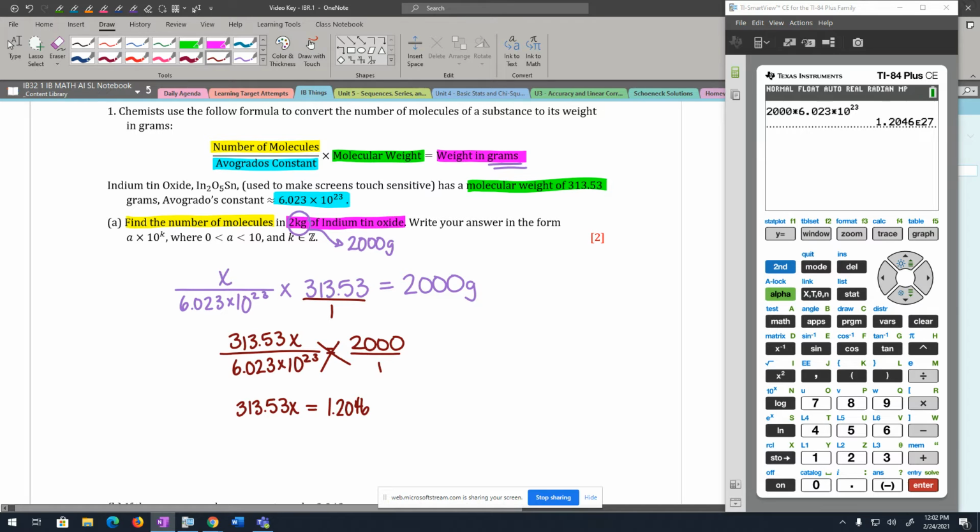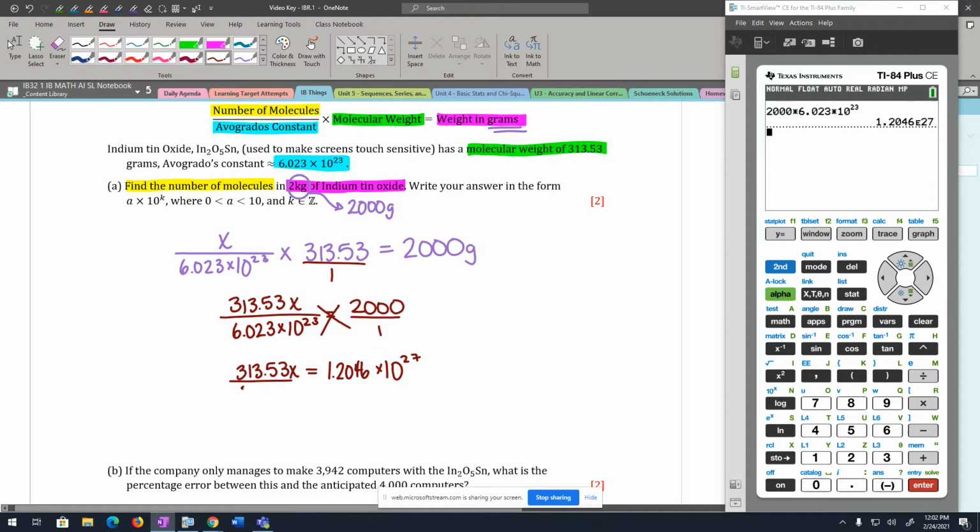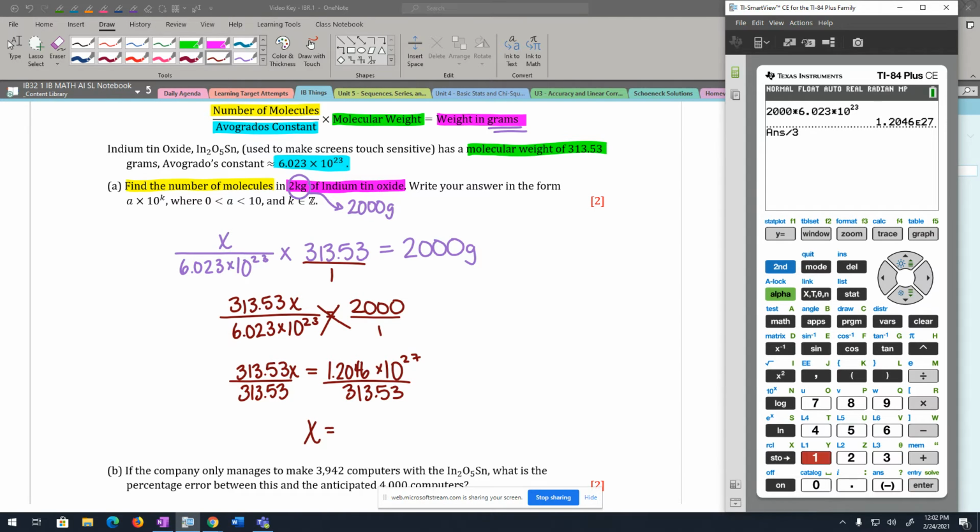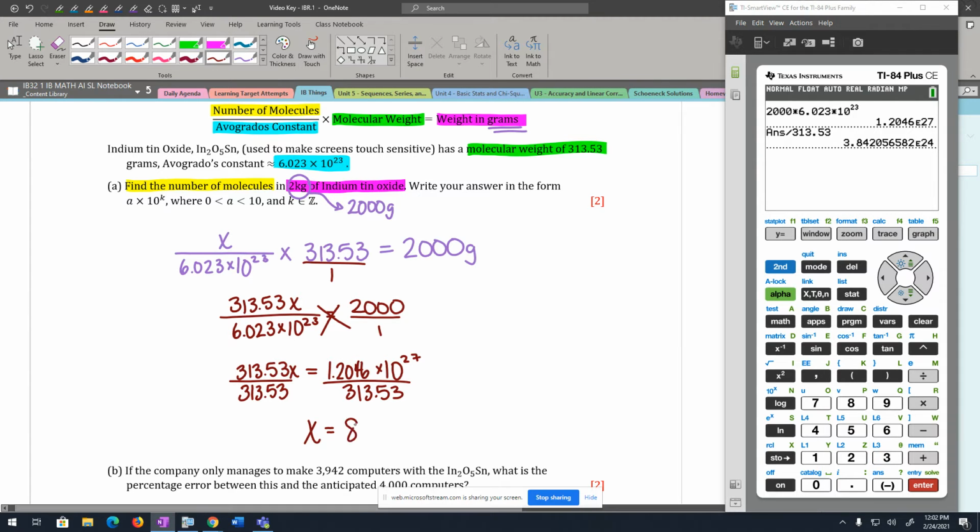And I get 1.2046e27. Remember that little e is like times 10 to the 27th power. And we'll divide both sides by 313.53. And we get 3.842056582 times 10 to the 24.